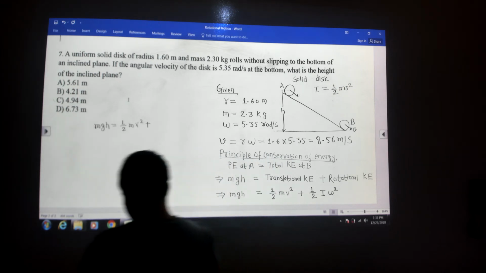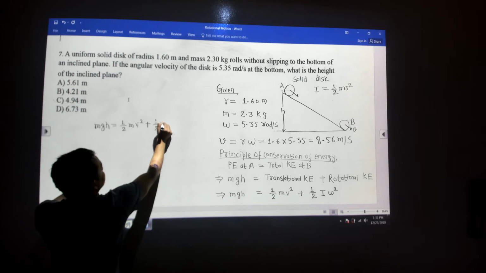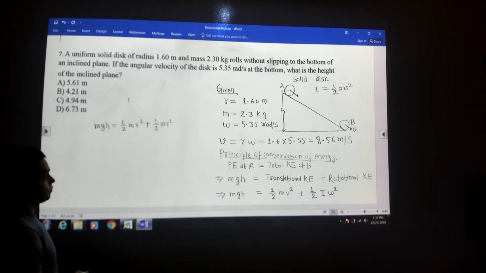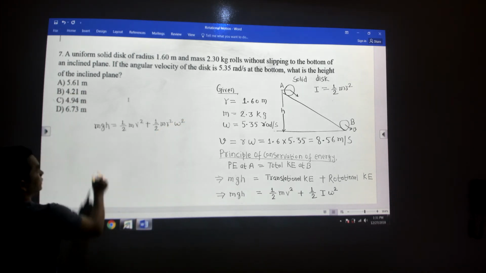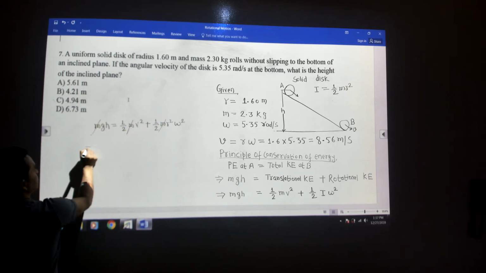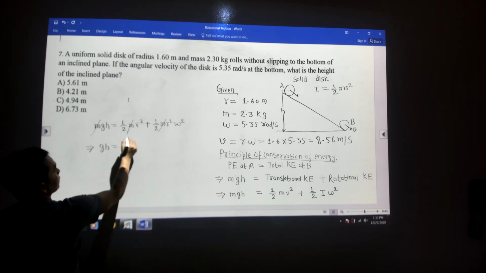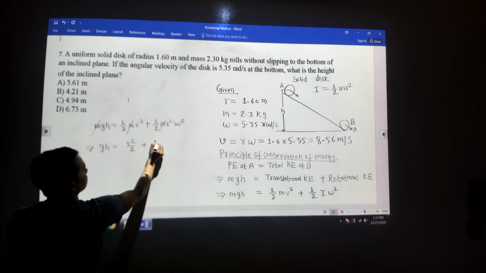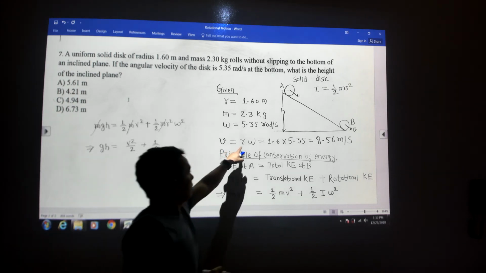So just writing down here, to simplify, half m r squared and omega squared. This mass and this mass cancel out. So you have g times h equals v squared over 2 plus half r times omega. We know that r times omega is equal to v.